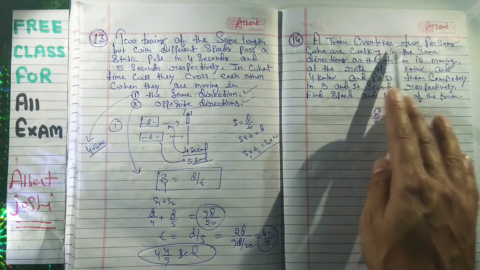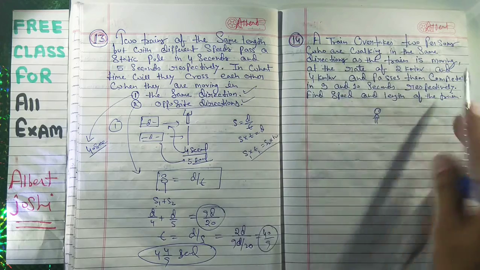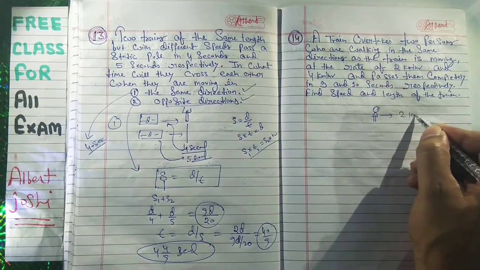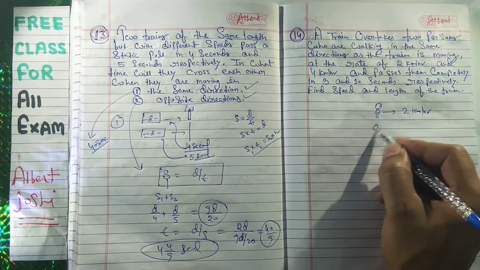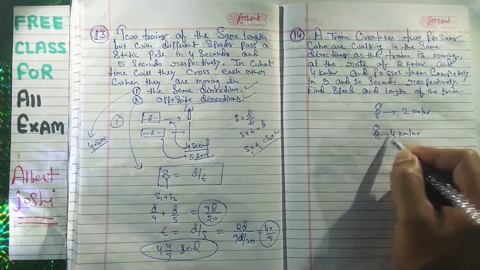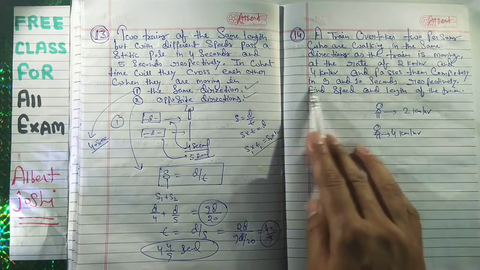The train overtakes them and passes them completely in 9 seconds for one person and 10 seconds for the other.